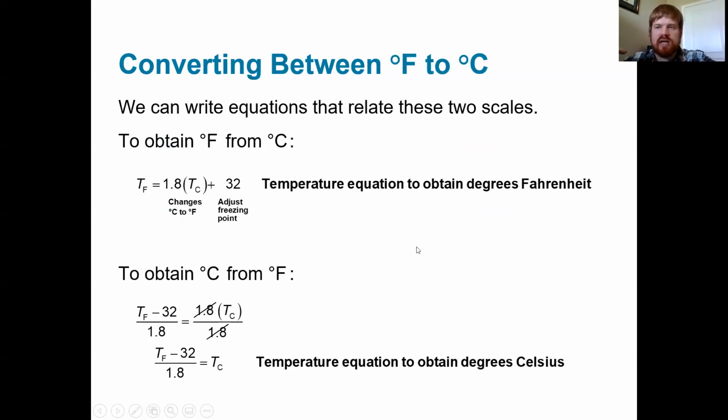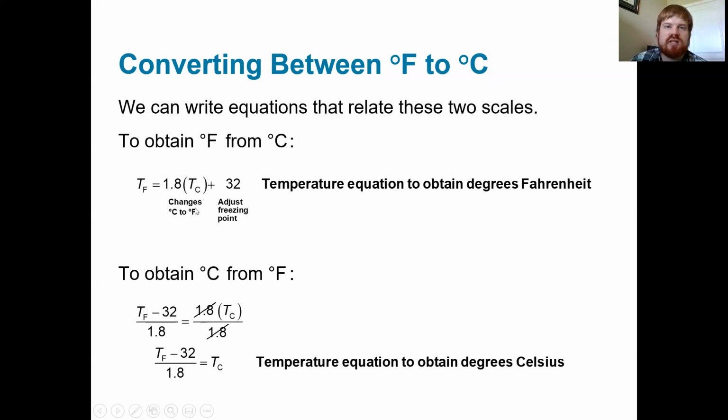Okay, here we go. This is actually what I wanted to get to here, the ability to convert from Fahrenheit to Celsius. So we know that there's 1.8 Fahrenheit degrees for every 1 Celsius degree. So if we take the temperature in Celsius and multiply it by 1.8, that's going to change our temperature.